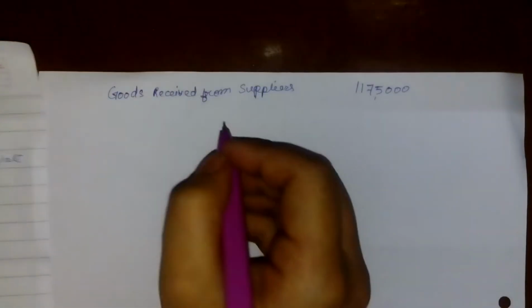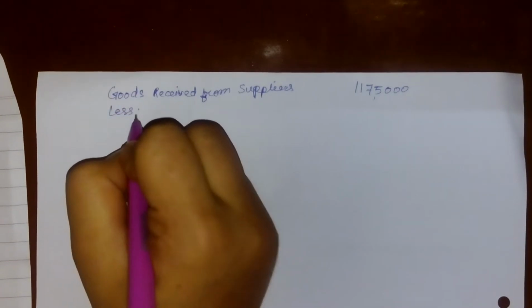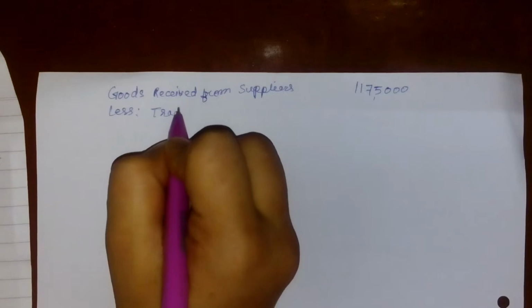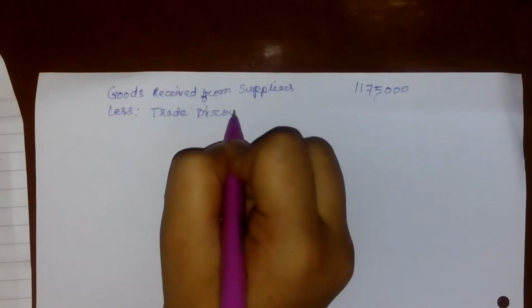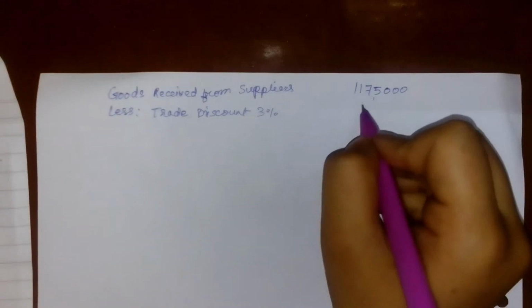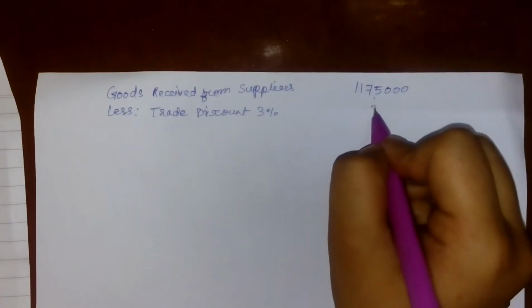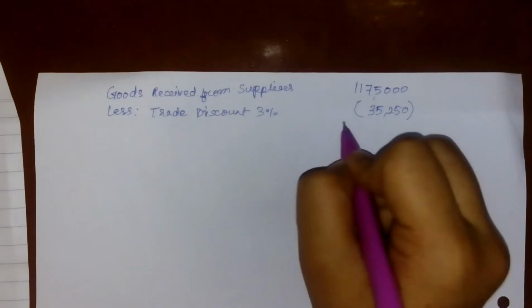Then we'll deduct the amount of trade discount, which is 3%. So 3% of 11,75,000 is 35,250.